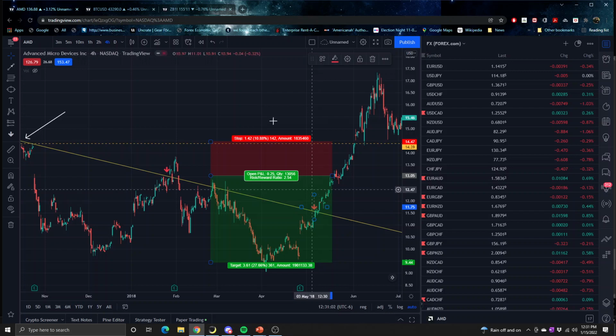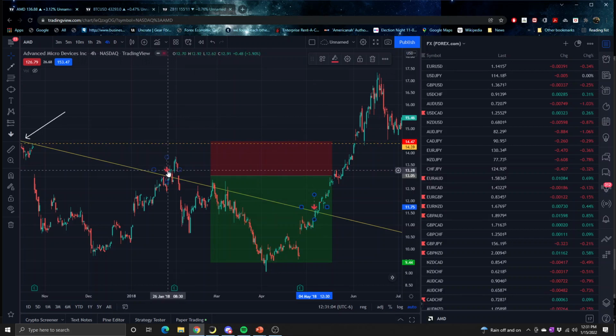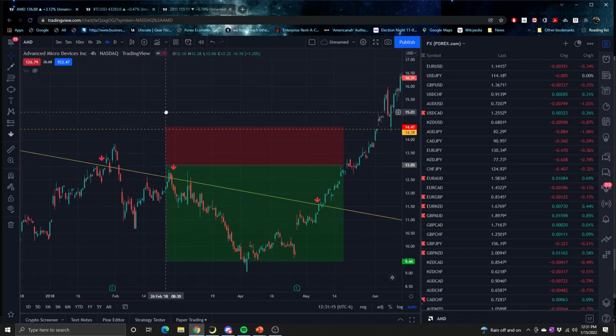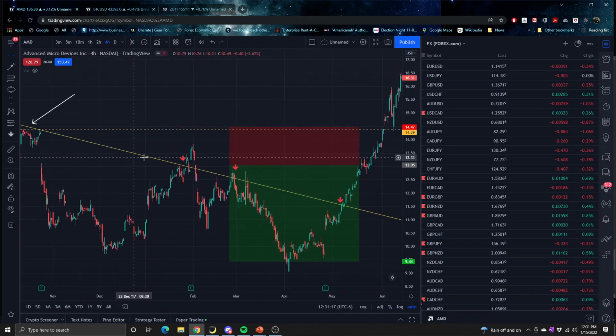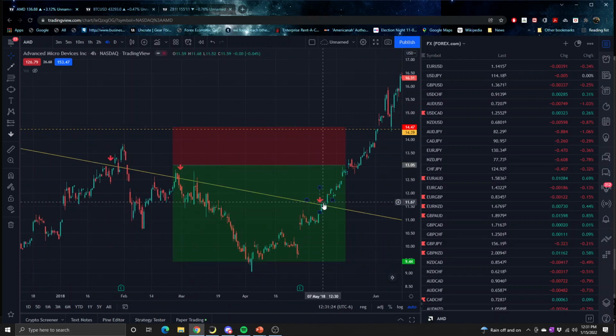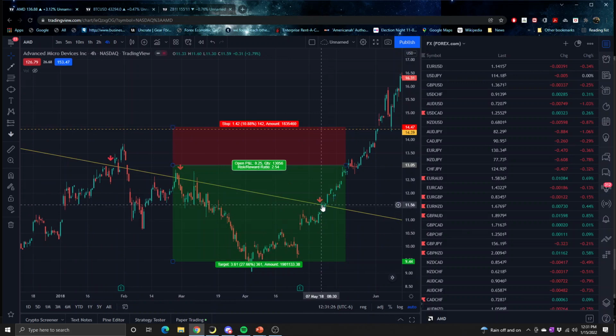And here, the difference between taking a short opportunity here versus one here and the last one is simple. It's the candlestick patterns. The candlestick patterns at each one of these is much more permissive than it is here, because if you notice, the candles here going into this trend line are green and they remain green.